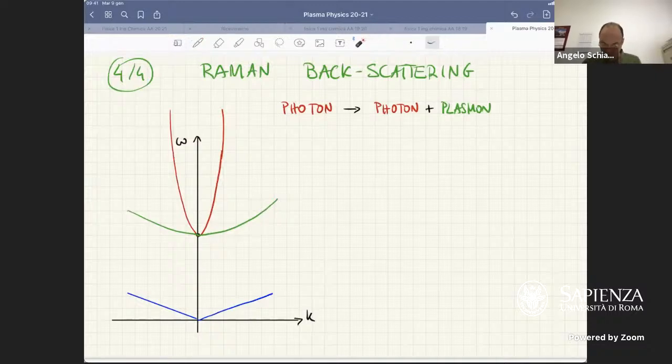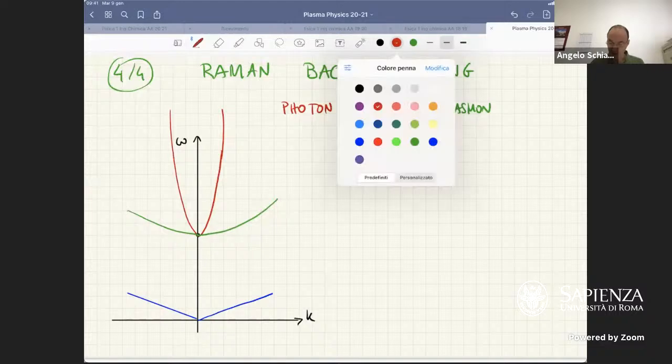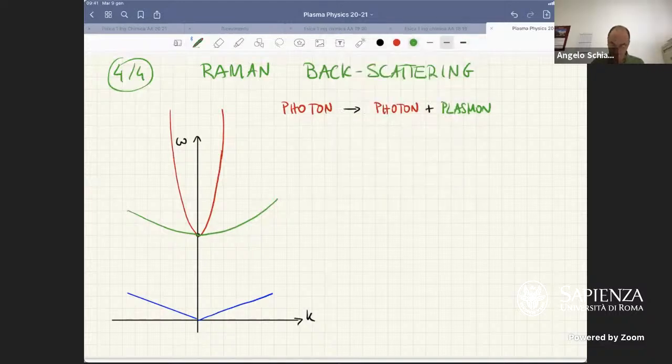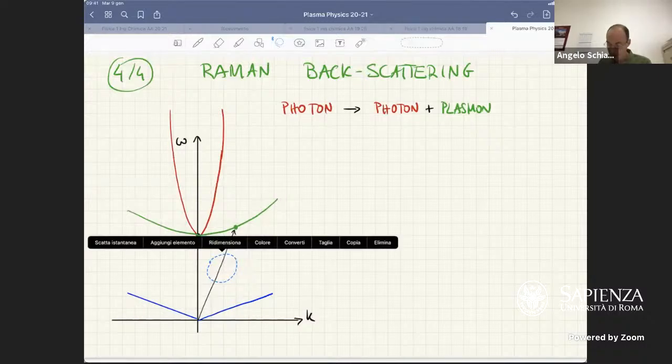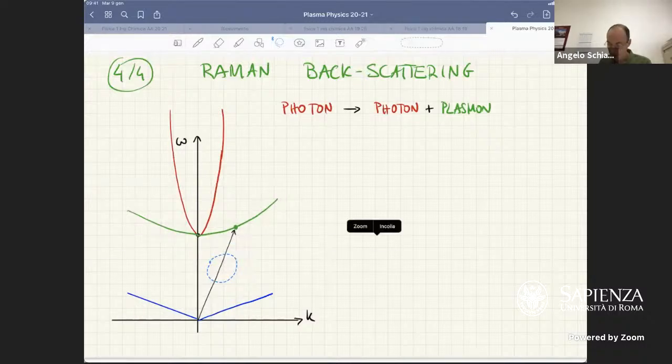It's easy to construct. The transmitted plasmon has to stay on this line here. So for instance, let's take this point. So this is going to be the transmitted plasmon. Then we have to take this vector here and try to connect two points.